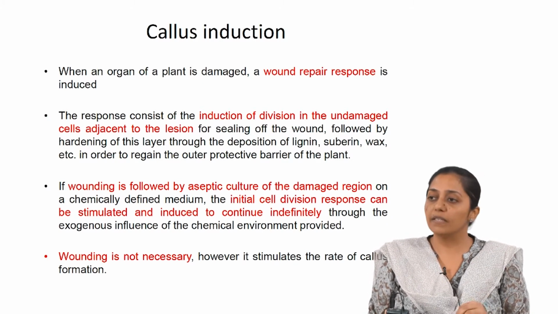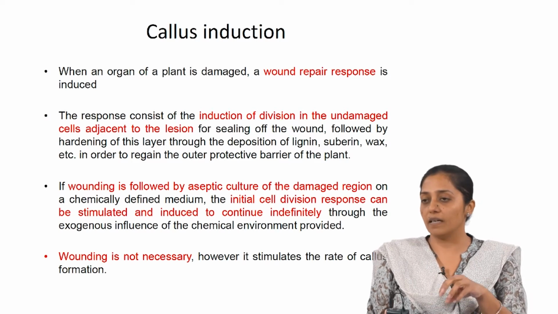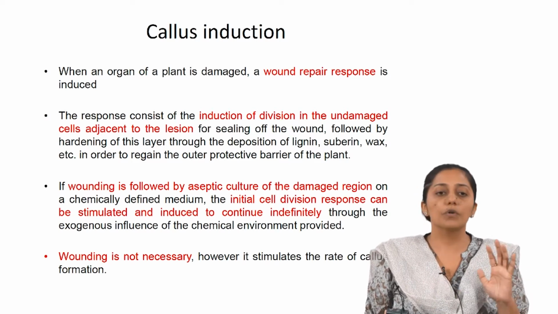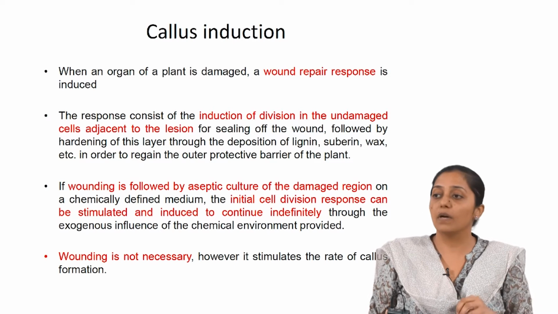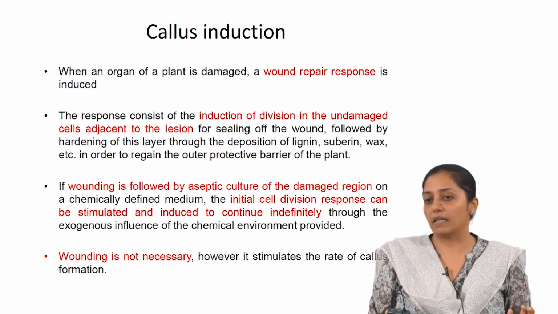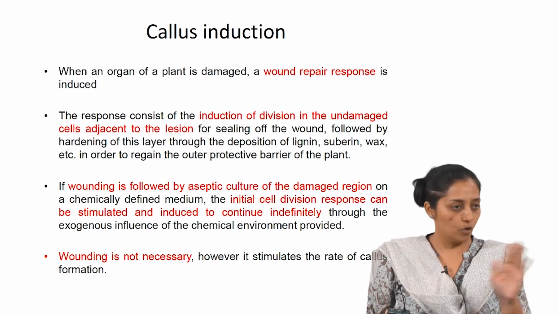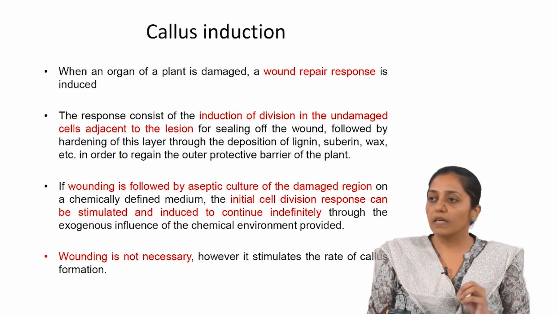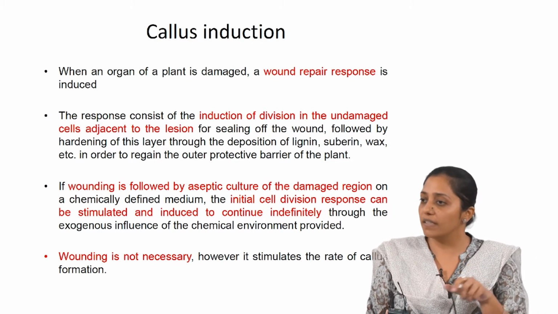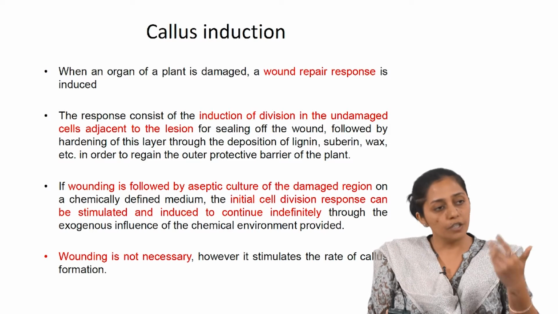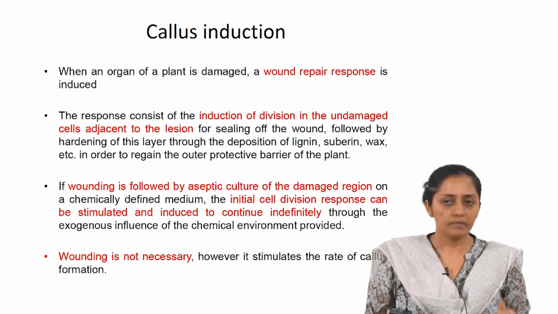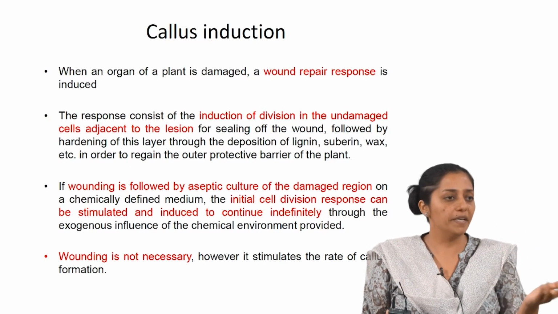Now, when you need to exploit this in vitro cultures, what would you like to have? You would like to have a continuous repair mechanism rather than closing it at any time. So you would like these cells, which have now started rapidly dividing, to continue to divide forever till you subculture it and provide medium.